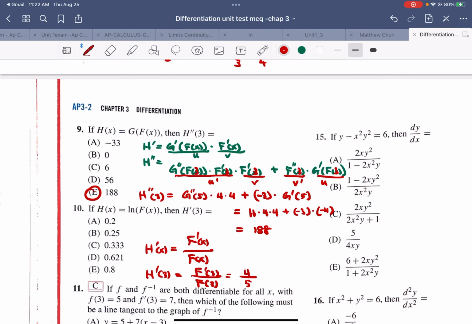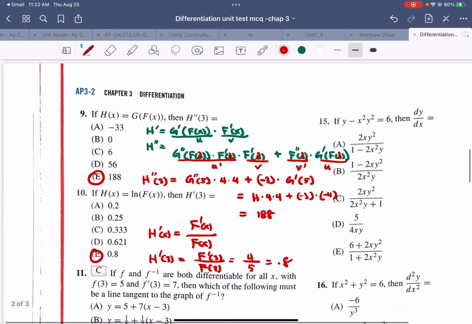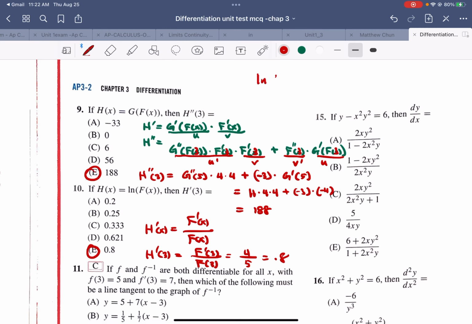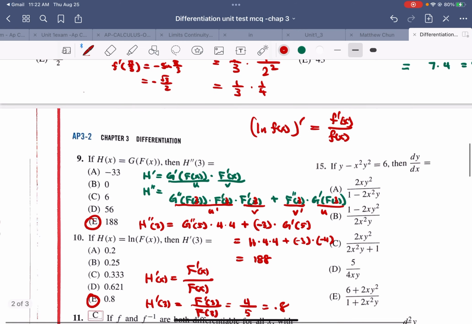So 4 over 5, that's 0.8. E will be the answer. So the rule is, let's say you have f of x. When you take the derivative, f of x goes in the denominator and f prime of x in the numerator. That's the rule for the logarithm function, ln. Remember?